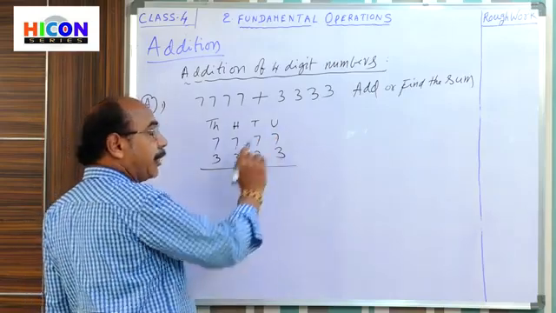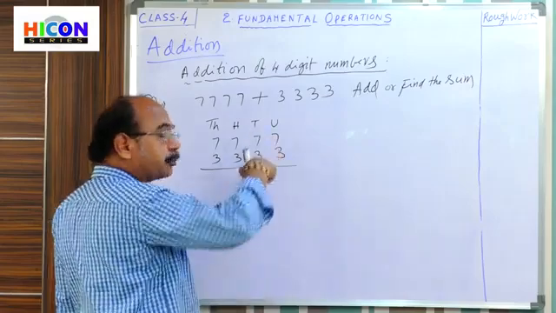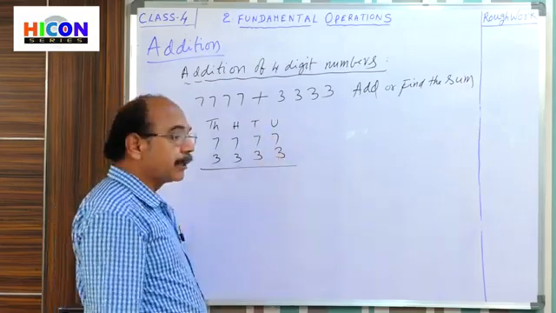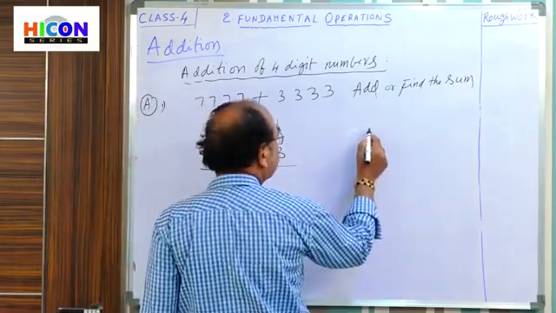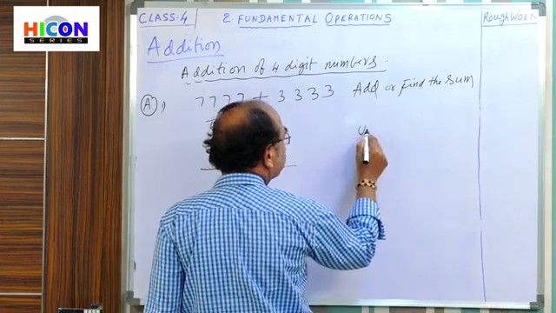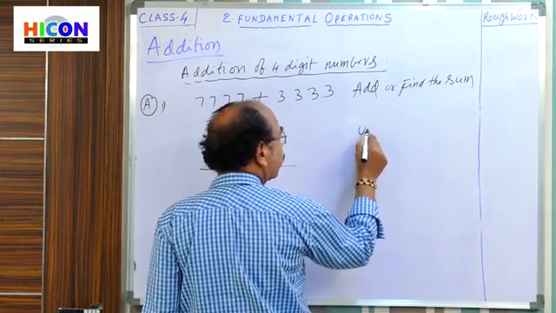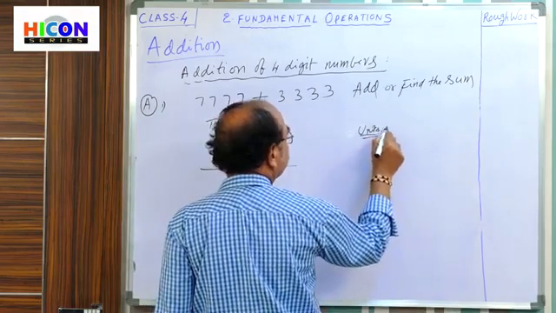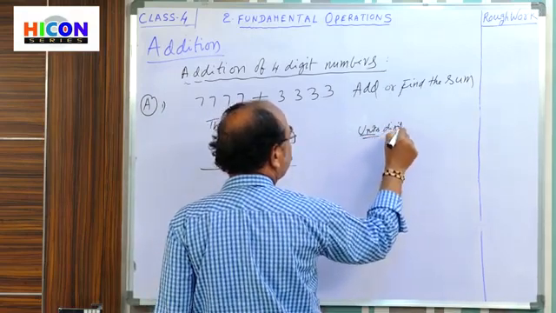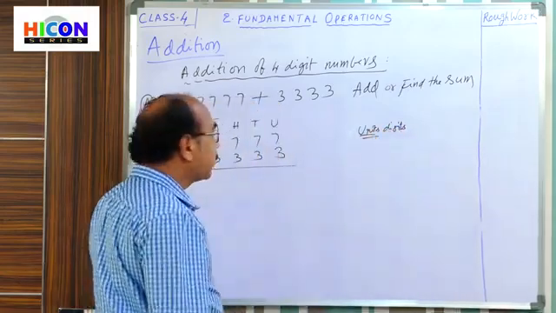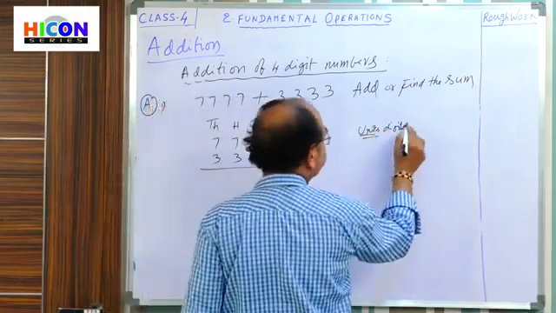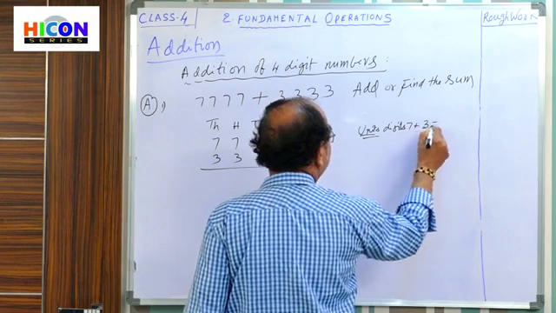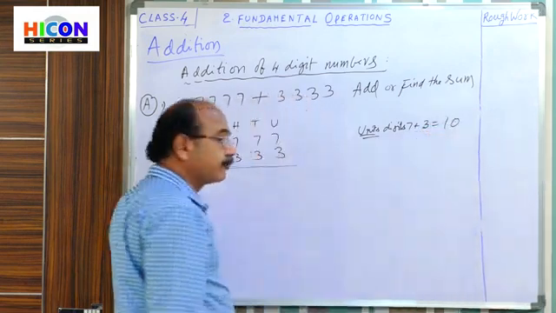First of all, in step 1 you take the digits in the units place. What are the units digits here? 7 and 3. 7 plus 3 is equal to 10.